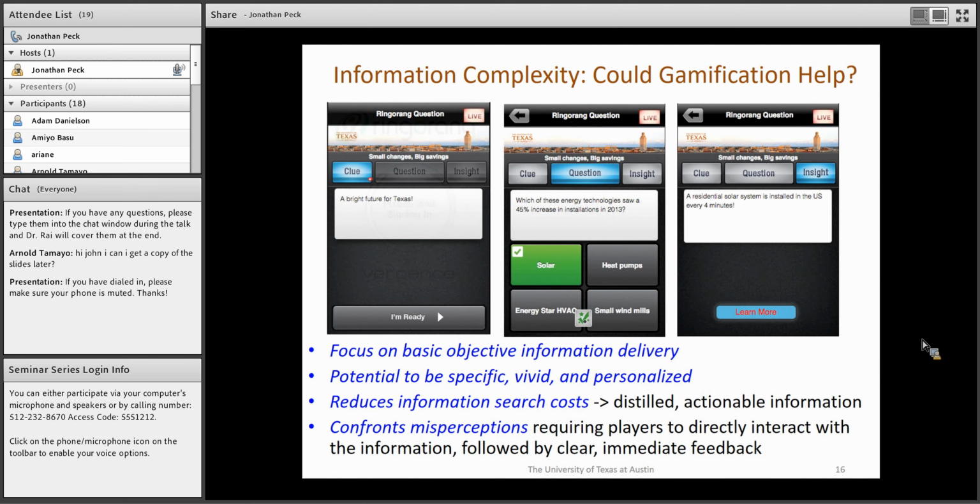And then because players have to interact with the information, they have to make a selection, they get immediate feedback, as we have found after doing experiments in different parts here in Texas, but also across the U.S., this type of an information delivery system actually has potential to confront as well as correct misperceptions.